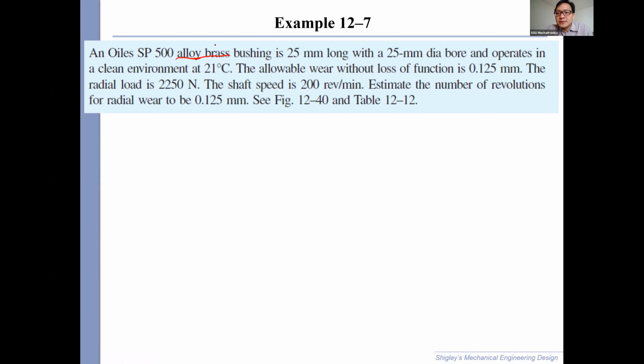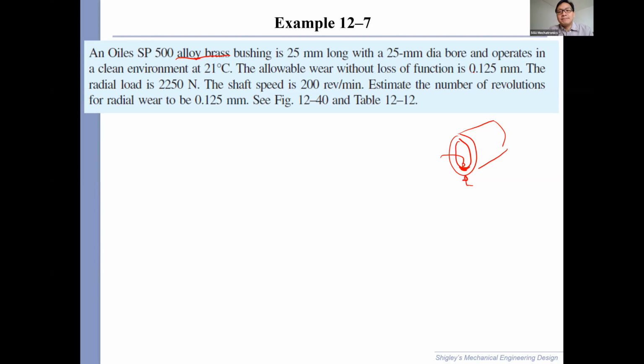The allowable wear without loss of function is 0.125, meaning that if this is my original bushing, there is this thickness, right? Now this thickness will reduce. Lubangnya lebih besar ya. It's saying that don't go beyond the amount of wear.